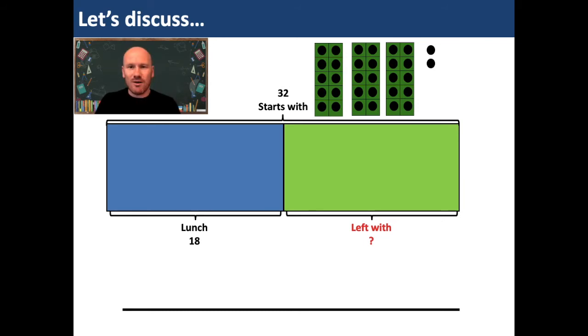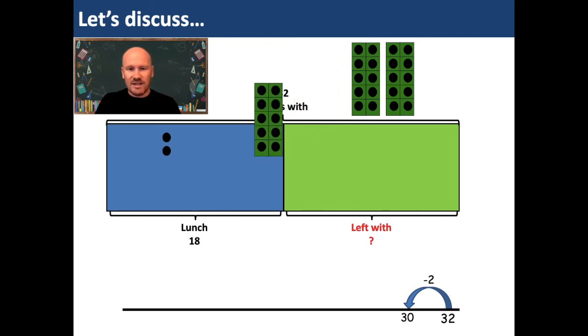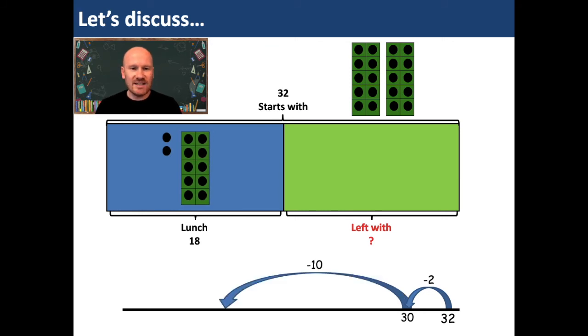Now, I can do this in any order. I'm going to start by taking away those 2 credits. So I'll put 2 credits towards his lunch, and I'm now left with 30. What I might do next is take away a 10. So if I take away 10, I'm left with 20, but you can see I've only put 12 credits towards his lunch so far. Now, how many more do I need?